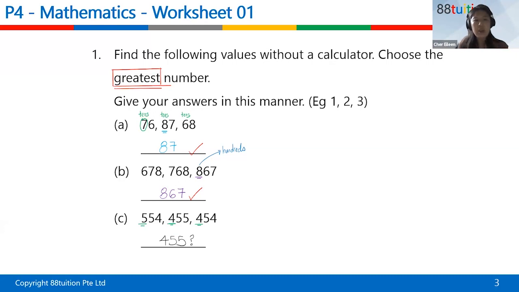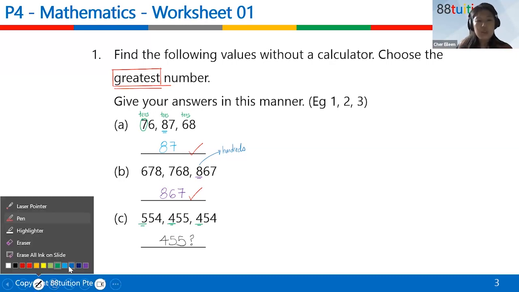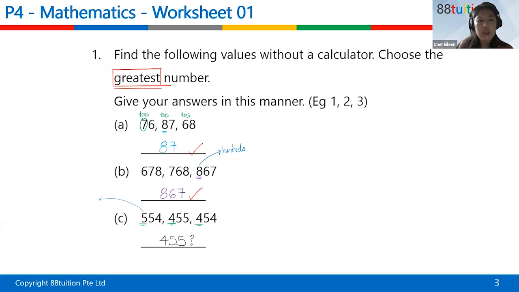So we look at our hundreds position. In my hundreds, 555, it's 5, right? And then 455, it's 4. And then 454, it's 4. So comparing 5 and 4, which is my bigger number? Lucas, let's just try this. Comparing 5 and 4, which one is bigger?